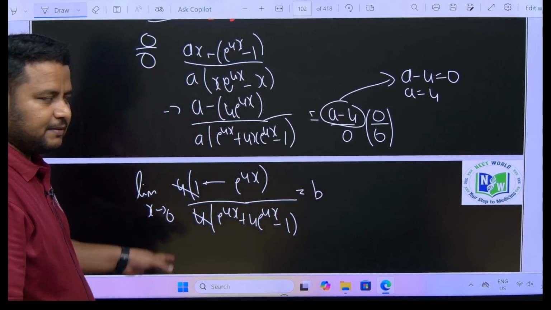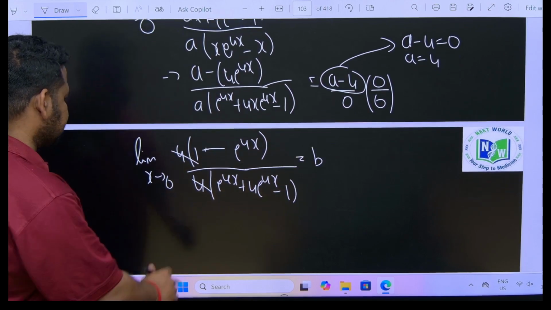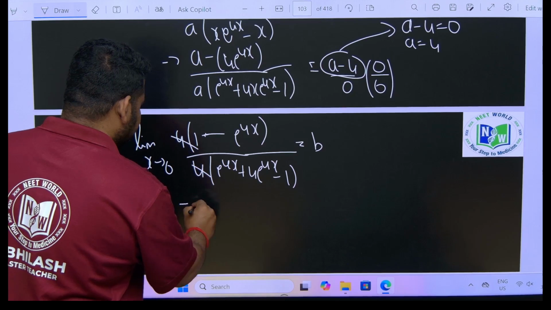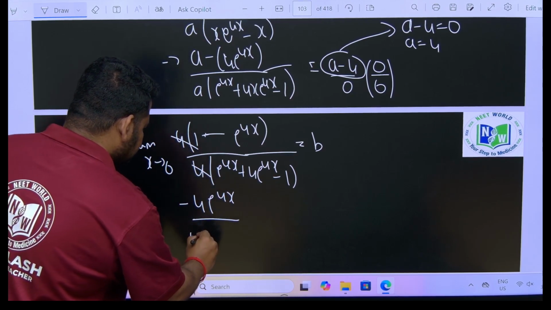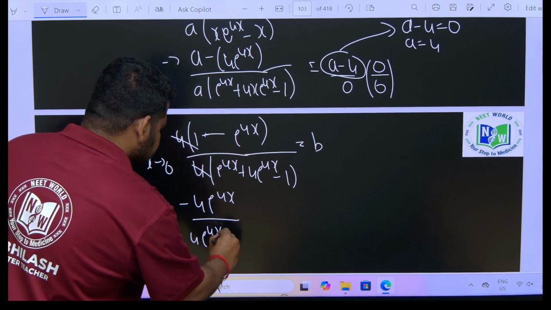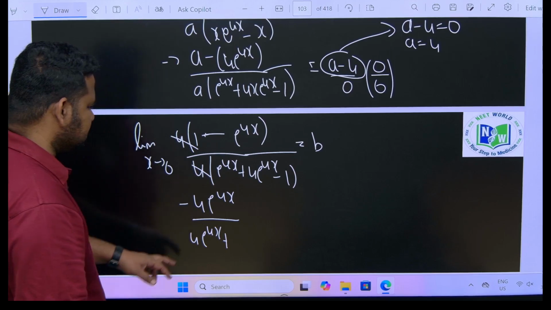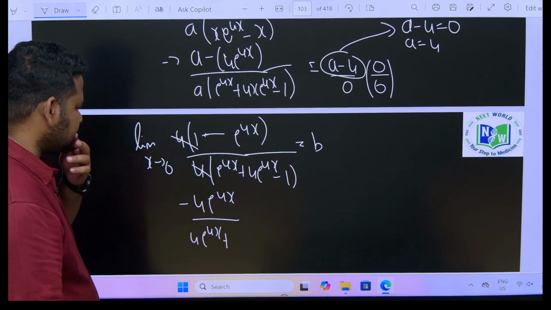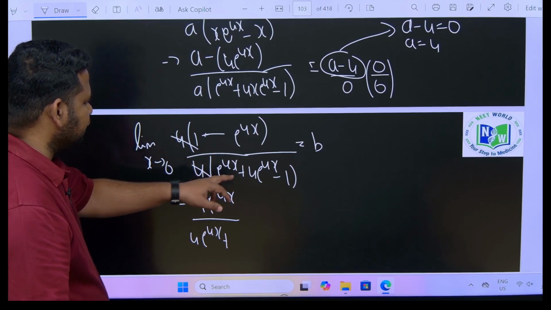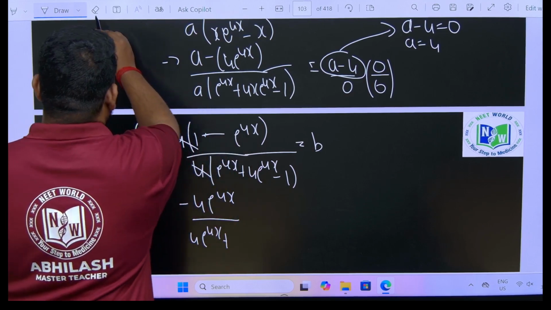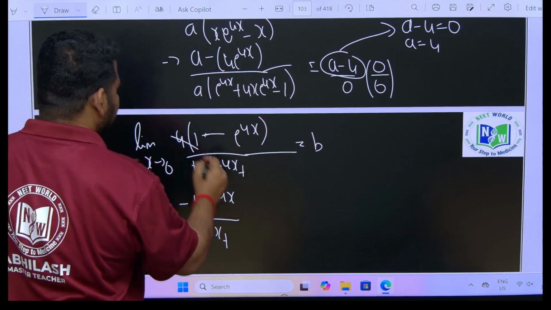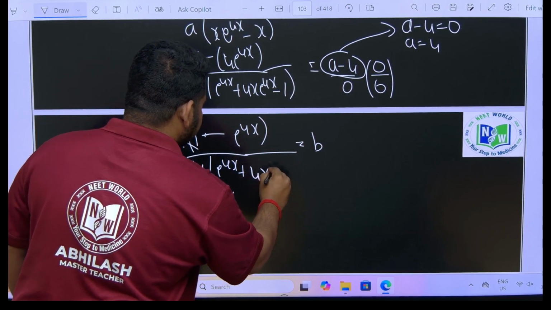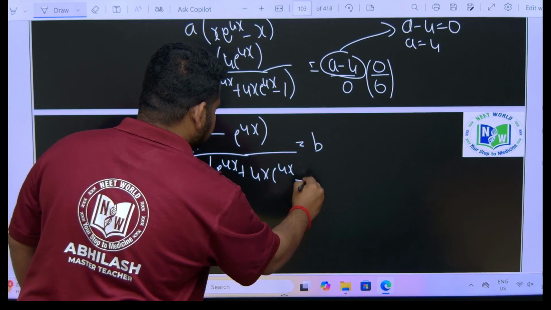Now let me apply L'Hôpital's rule again. So this will become minus 4 e power 4x divided by 4 into e power 4x plus 4 into 4x into e power 4x minus 1.